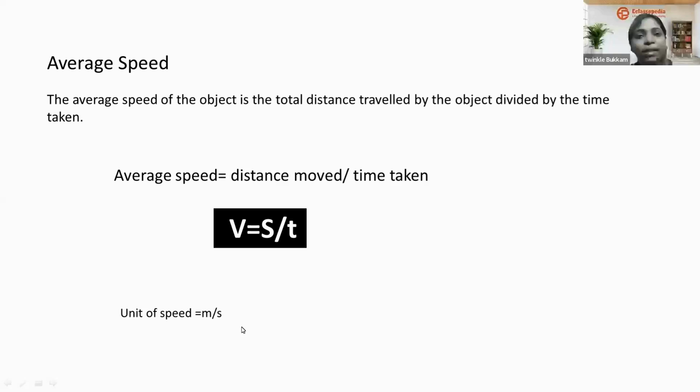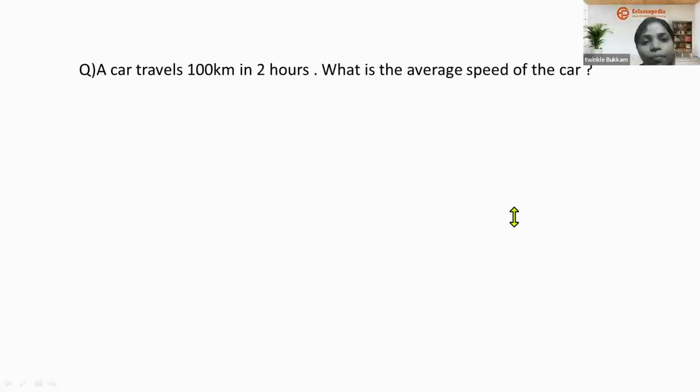If the distance was in centimeters and the time was in seconds, then we will get the unit as centimeter per second. And if the distance was in kilometers and the time is in hours, then we will get the unit as kilometer per hour.